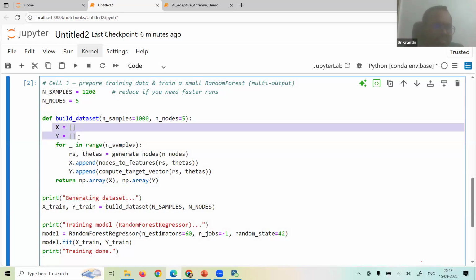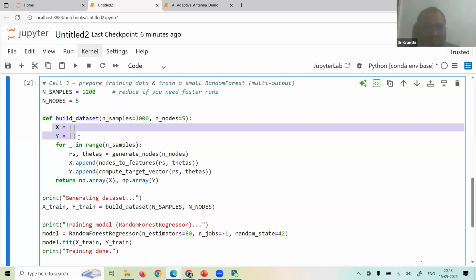So why specifically random forest? It is an ensemble ML method, and we have predefined functions available in Python. It builds multiple decision trees and averages them, because it is robust, handles non-linear relationships also, and requires little parameter tuning. Anyways, we can see that. It is suitable for multiple output regression. In our example, we talk about the X and Y components of the beam vector.